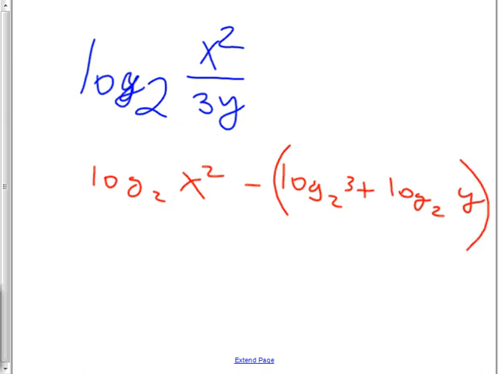Do you get that if I don't have that in parentheses, only this part would be being subtracted? And then the last piece is the 2. The 2 needs to go down to the front like that to truly expand it all the way. Raise your hand if you understood that.